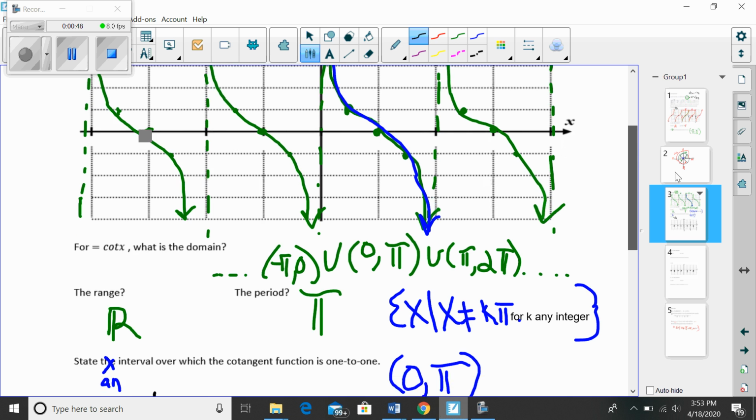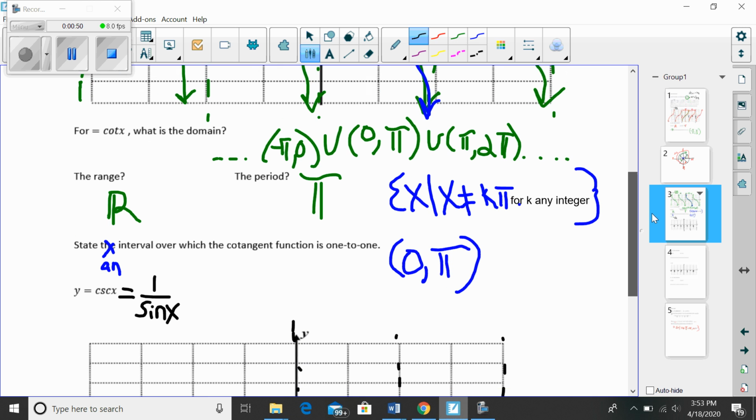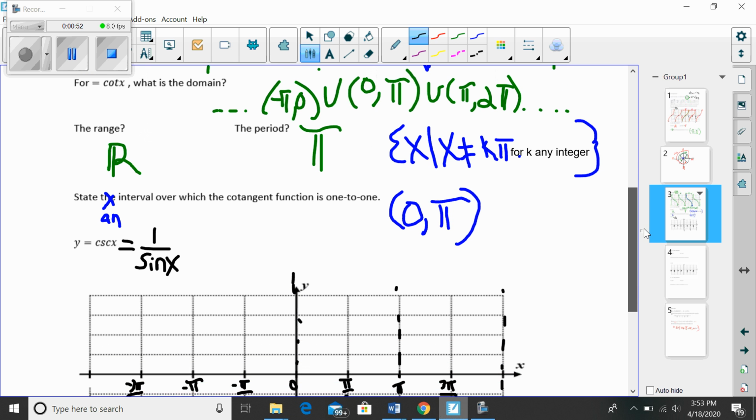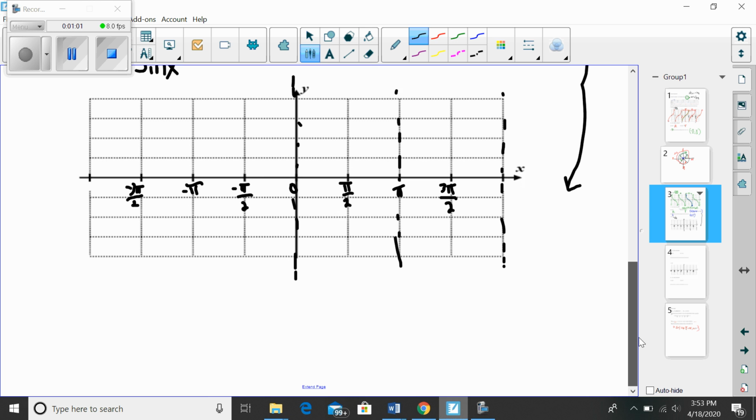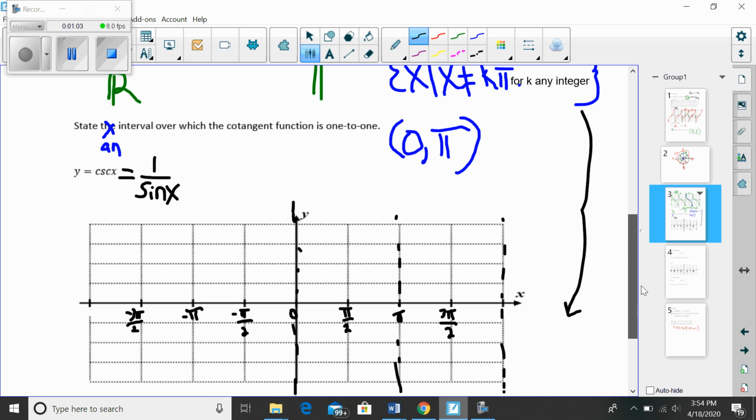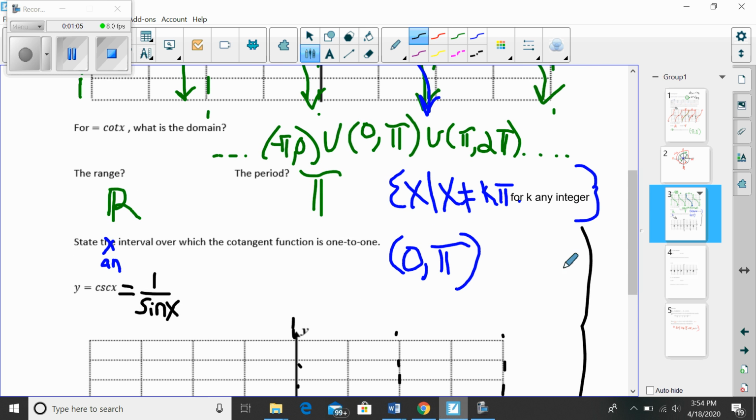We are going to end up with the exact same domain. So here was the domain for cotangent. I'm going to put an arrow down here. This is going to be the domain for, oh, actually, I guess it's on the next page. So that's going to be the domain for cosecant, which also has sine in the denominator.